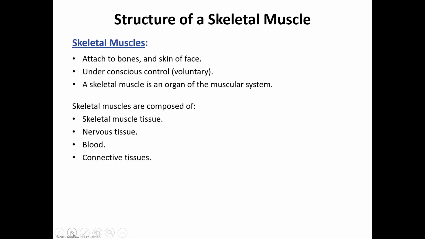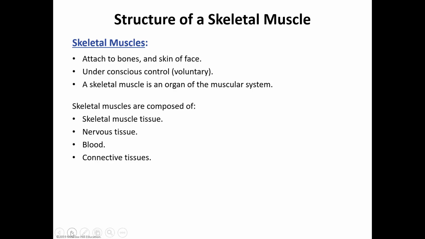The thing that tells them what to do is the nervous tissue. The nervous system tells a muscle when to contract and when to not contract. And the muscles are obedient. They listen. They contract when they're told to. They don't do anything if they're not told to.